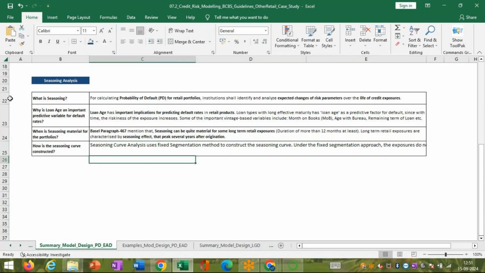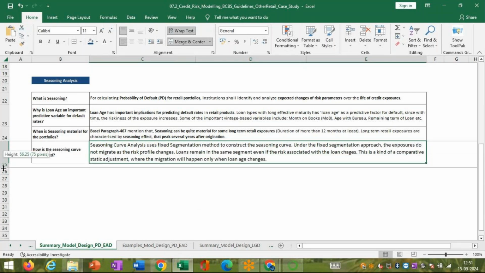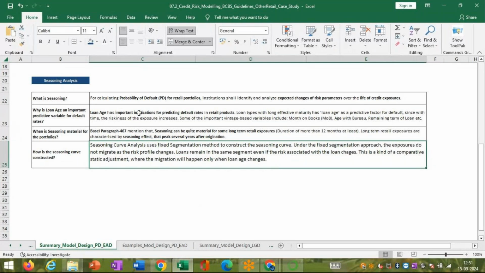I am doing a comparative static analysis whereby I am saying that even if the risk factors were to change, the loan would not move. It would only move when the loan age changes.